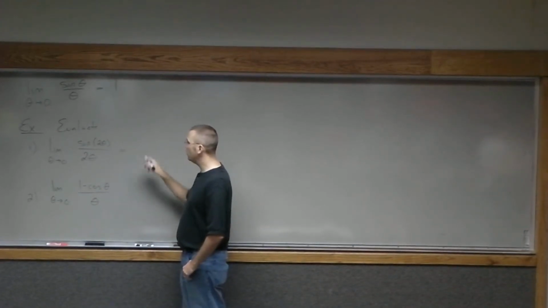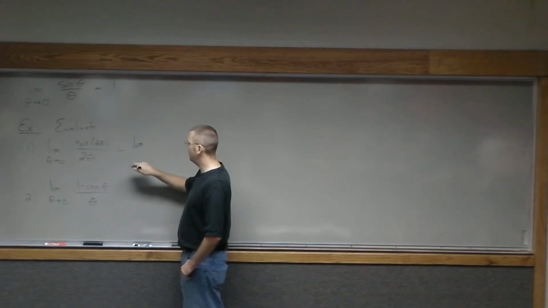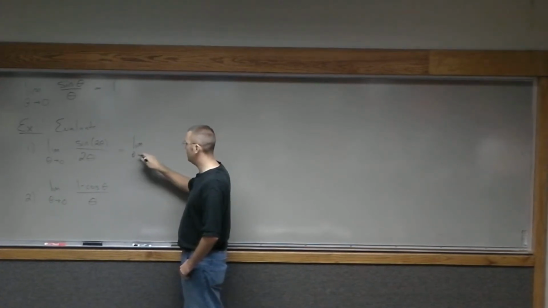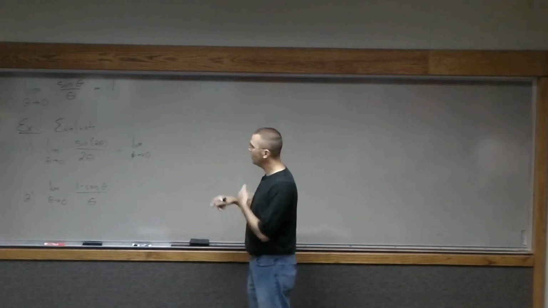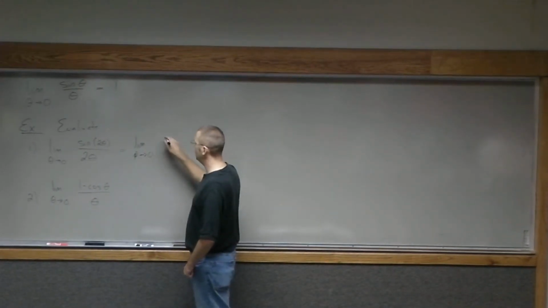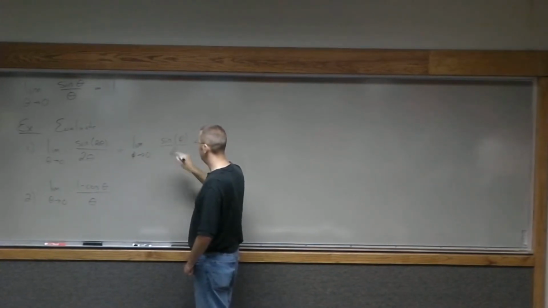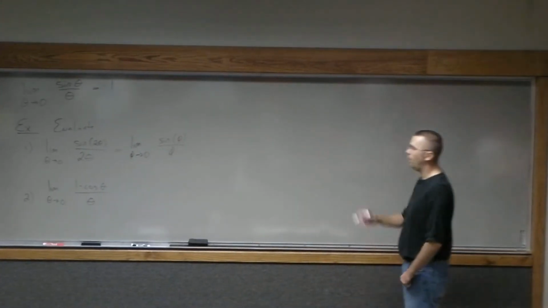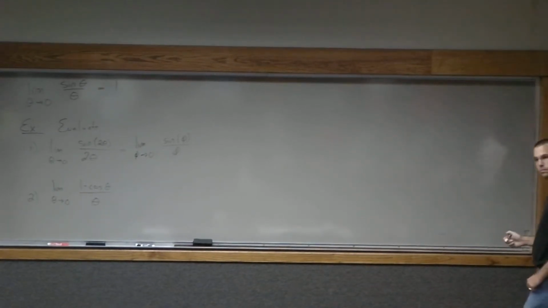So again, we can rewrite this limit slightly. I need a letter. We'll go with phi. We're going to learn most of the Greek alphabet while we're in here, so don't worry. The limit as phi goes to 0 of sine of phi divided by phi. Now, when I write it this way, what does this limit have to be equal to?